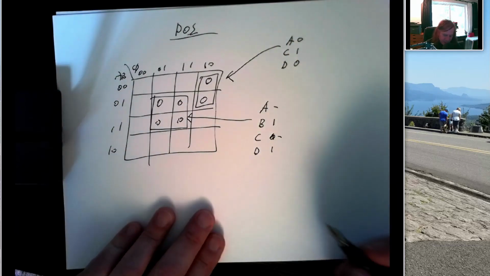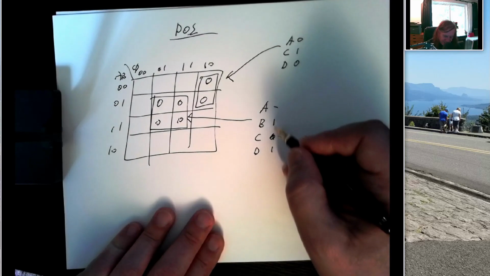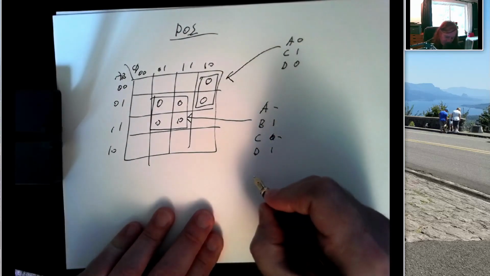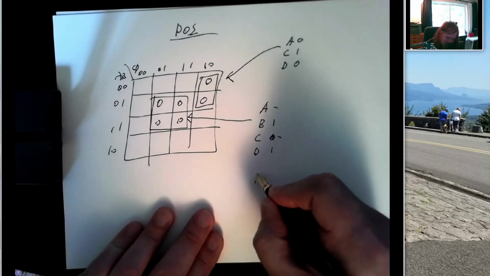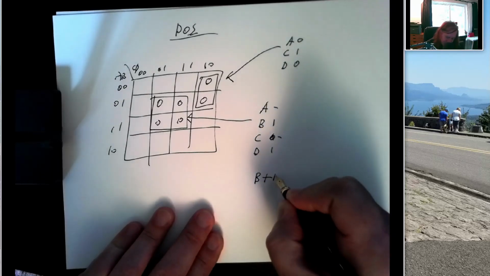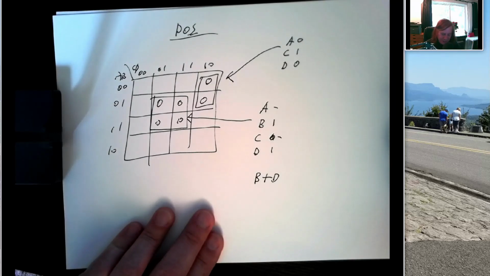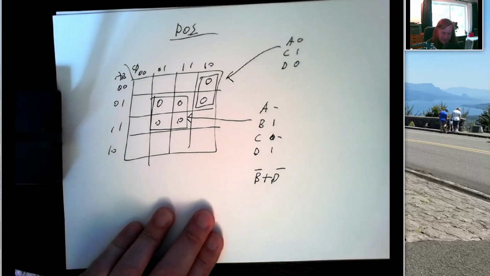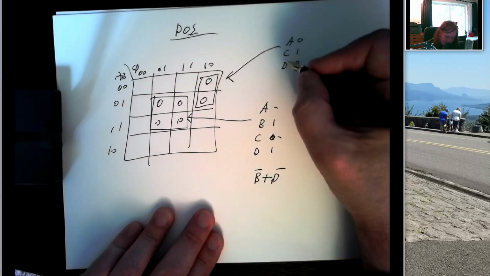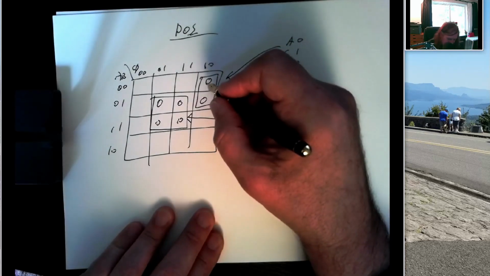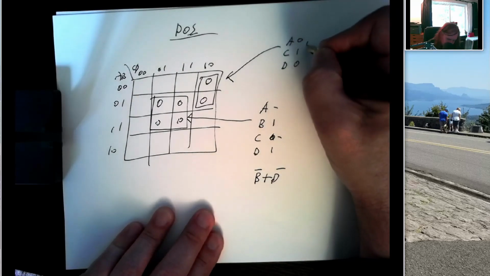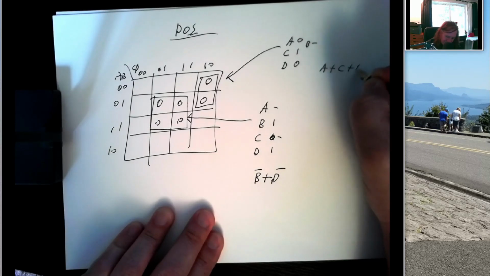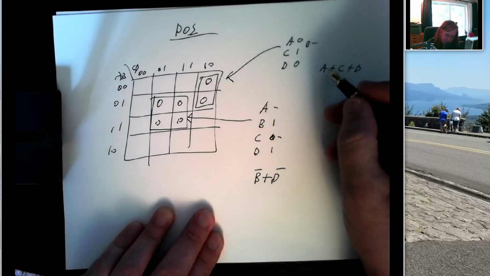All right, so if B has to be a 1 and D has to be a 1, what is the sum term corresponding to that? Well, remember the idea is we take these variables and we add them together, we OR them. And if the variable is supposed to be a 1, we put a bar on top. And so up here, I didn't write in B, but B was a don't care. So this box up here, we're going to have A, C, and D. If the variable is a 0, we leave it as is.